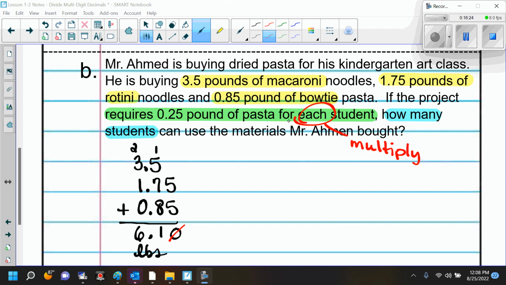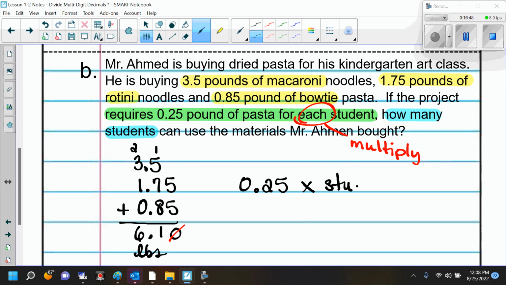So here it says 0.25 pounds times the number of students. Does everybody see that? It's right there in the words. So we have 0.25 times, each means multiply, the number of students.